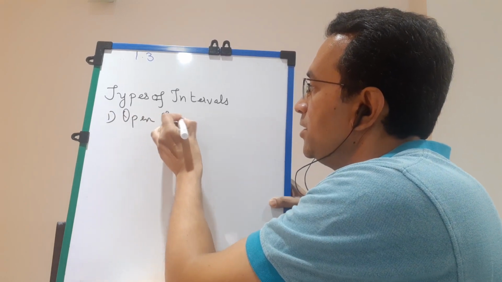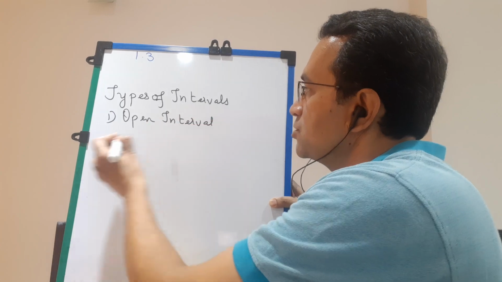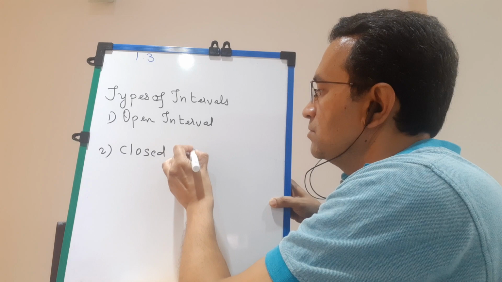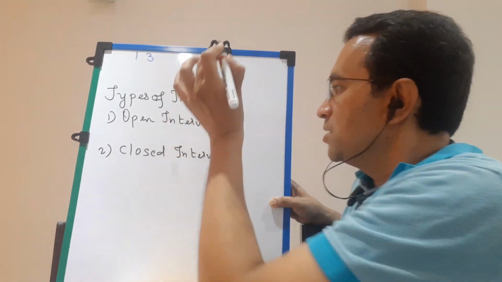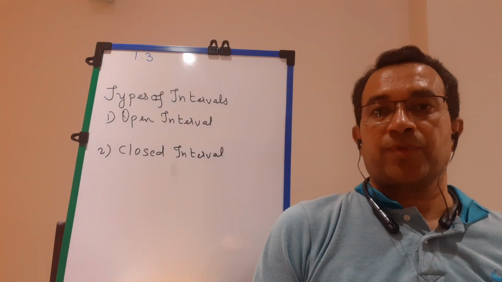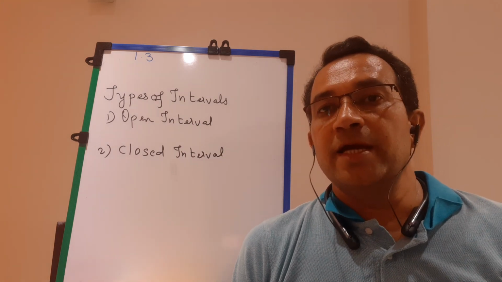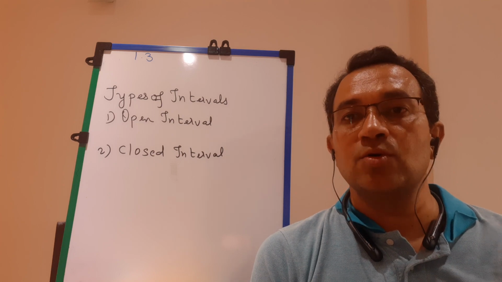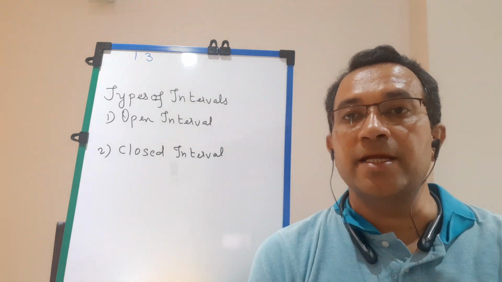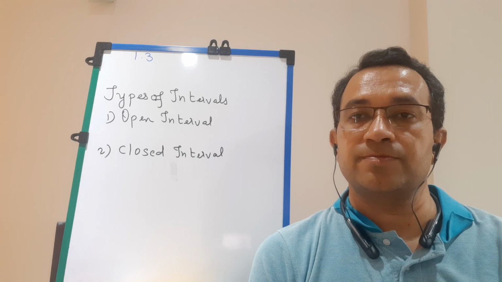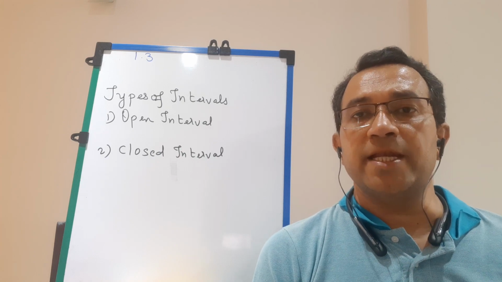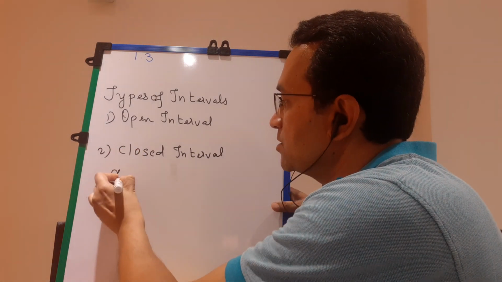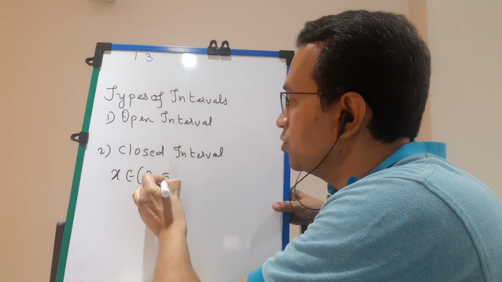One is the open interval, and the other is the closed interval. Now let us understand this with an example first. Say suppose I write x belongs to the open interval (2, 5).